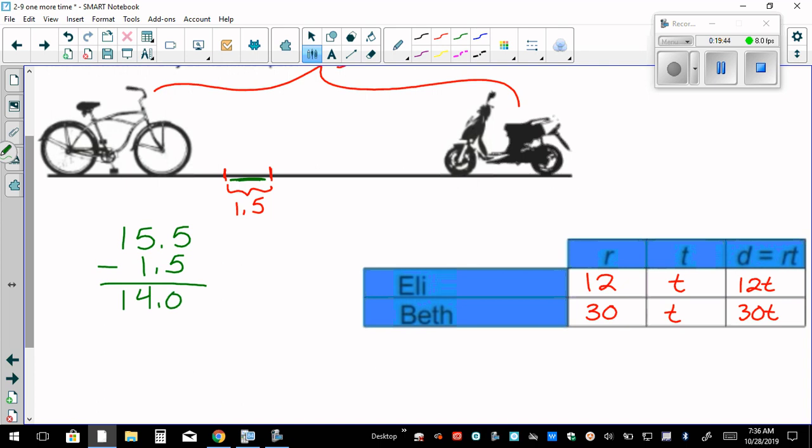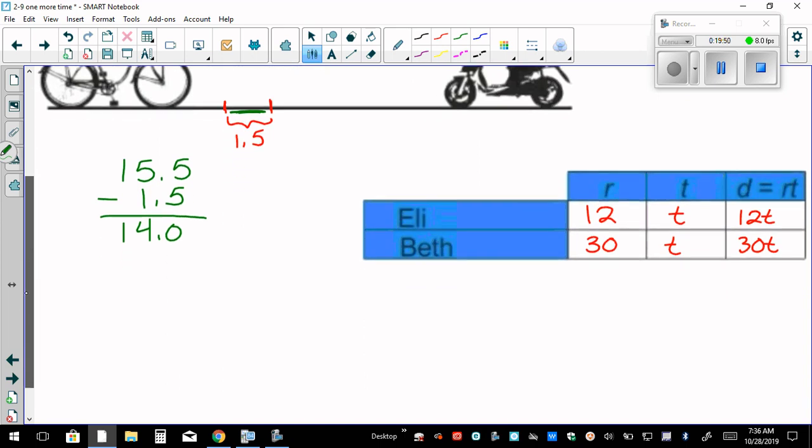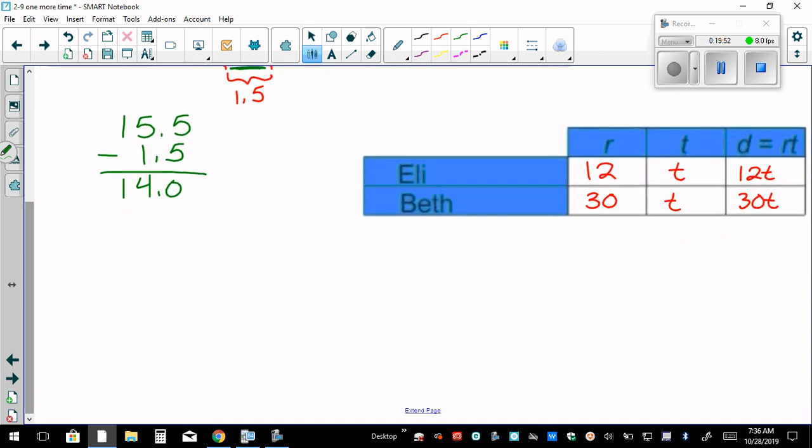So together they're going to travel 14 miles to get to that 1.5 miles apart. So this is going to be 12T plus 30T, because they're closing the distance together, and that's going to equal 14 miles.